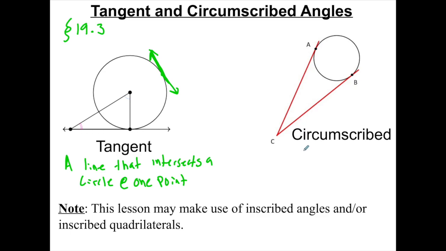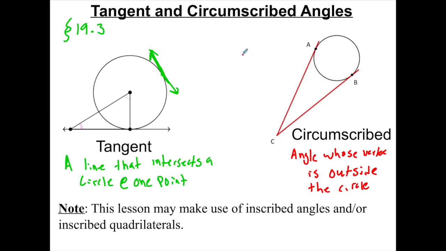Now here a circumscribed angle, in this case, is the intersection, or I would say a circumscribed angle is any angle whose vertex is outside the circle.